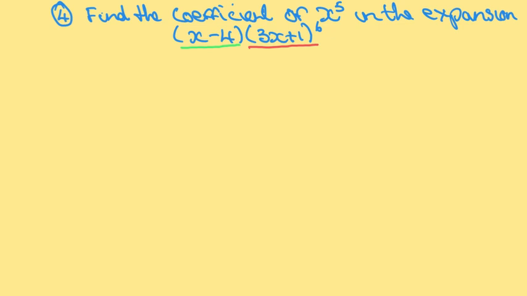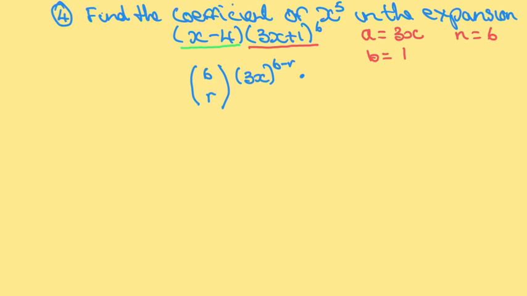So for the first expansion, a is equal to 3x, b is equal to 1, and n is equal to 6. So now let's start expanding. So I get 6 choose r. I'm going to have to find r first. A is 3x, so 3x to the 6 minus r times 1 to the power of r. Then I'm going to multiply that by x minus 4.